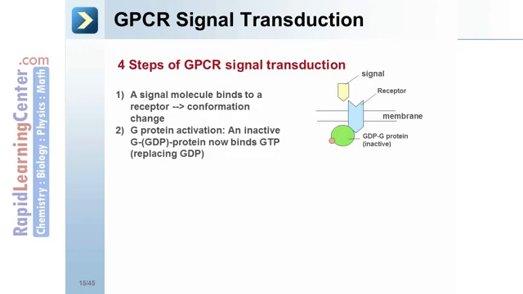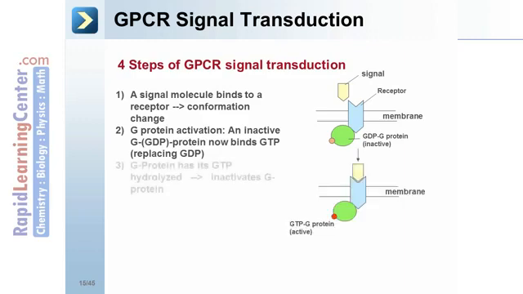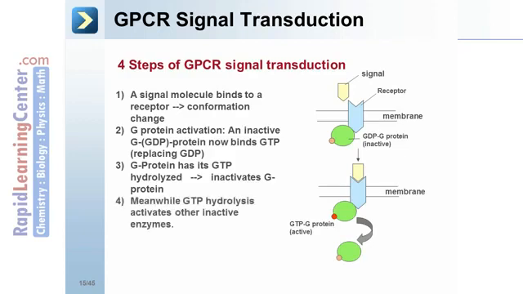An inactive GDP protein now binds GTP, replacing GDP. G protein has its GTP hydrolyzed, inactivating the G protein. Meanwhile, GTP hydrolyzation activates other inactive enzymes.